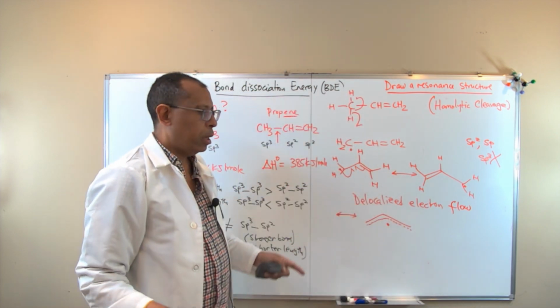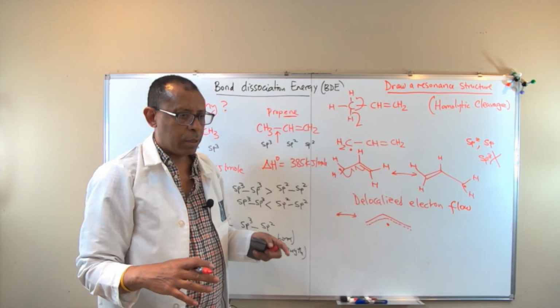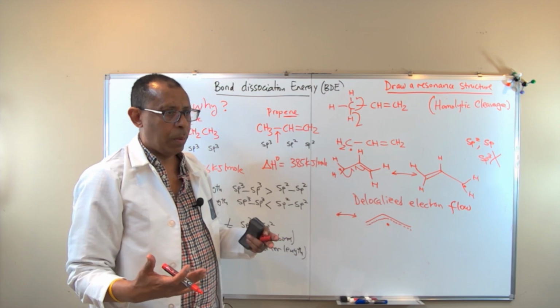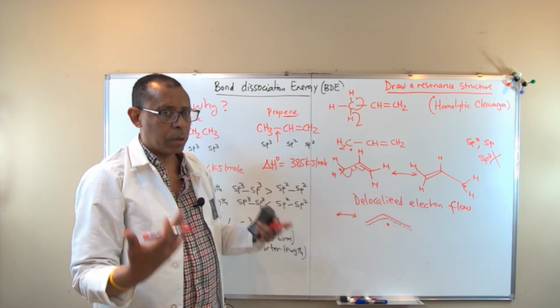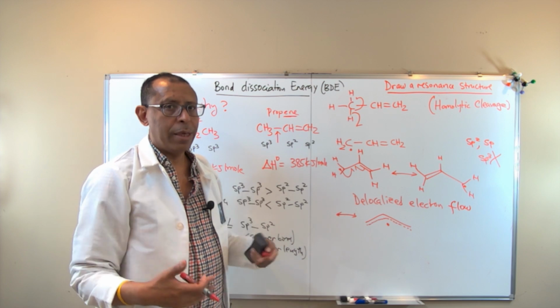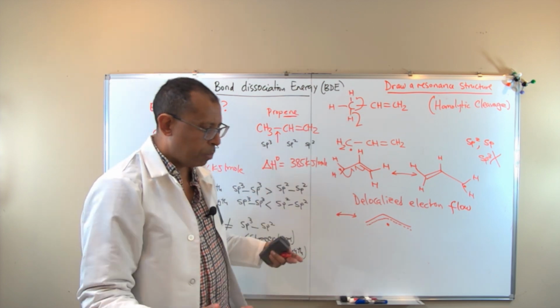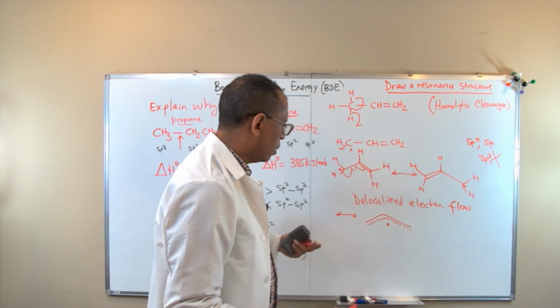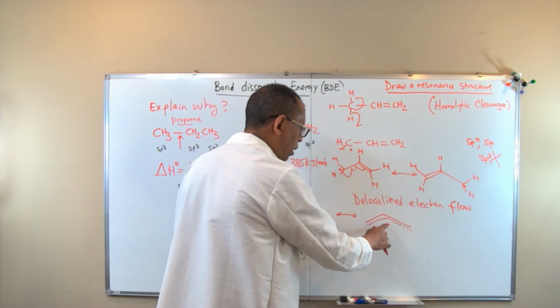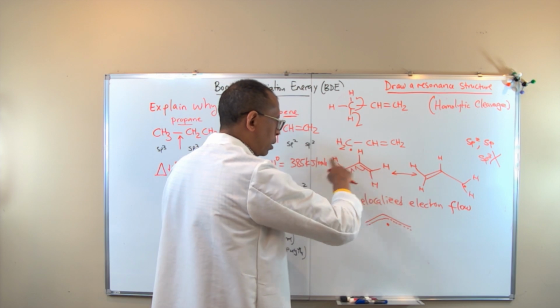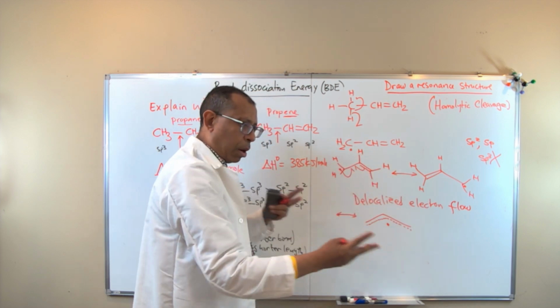So resonance, when a certain species has more than one resonance stabilized structure that we can draw, is a stabilizing effect. It stabilizes that radical, that positive charge, or that negative charge. So this free radical is now being delocalized across the three carbons without any problem.